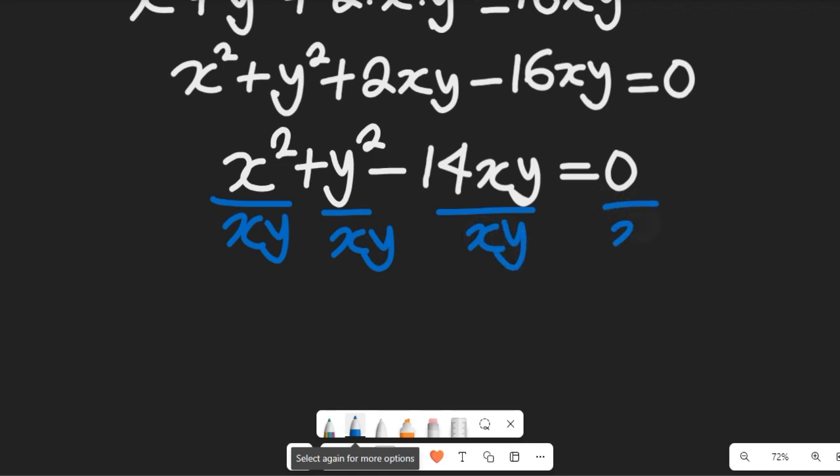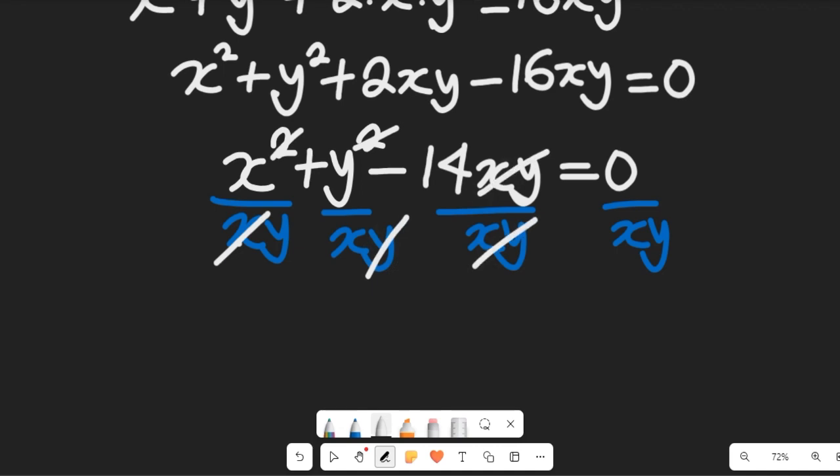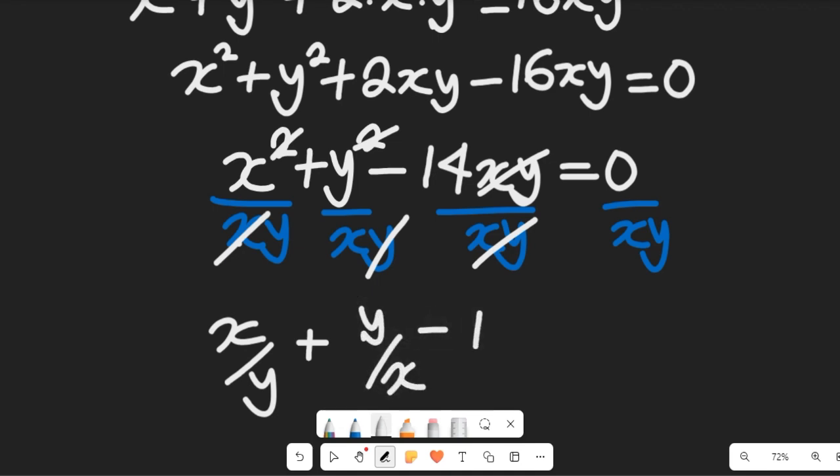We're also dividing the right side by xy, which is insignificant, since it's 0. This will clear off, and we're going to have x divided by y plus y divided by x minus 14, and this will be equal to 0.